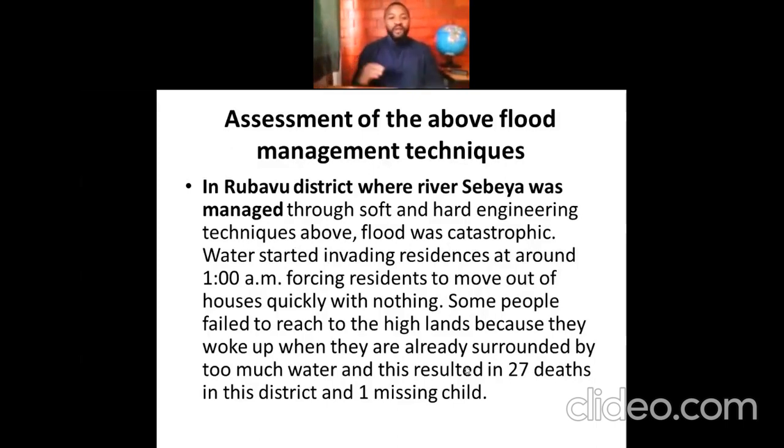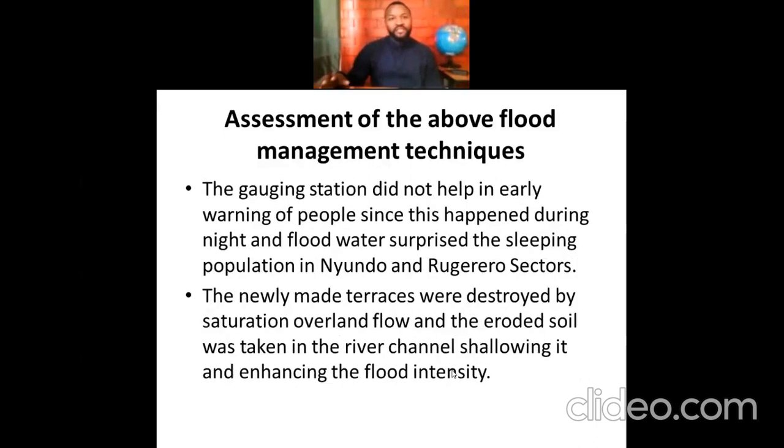So you understand that they were unable to take away any home equipments, and that's why it has been very hard to estimate the costs or the damages on people's property when it comes to home equipments. And in this district, 27 people died and 1 child got missing.